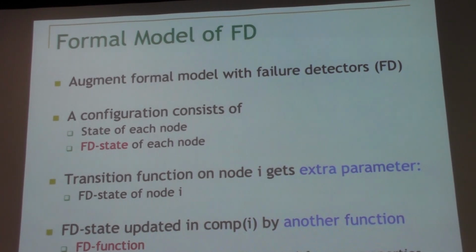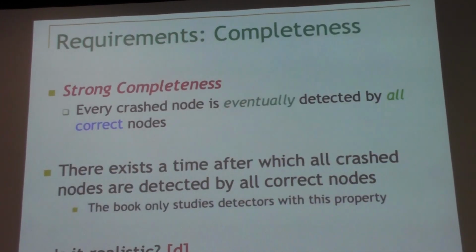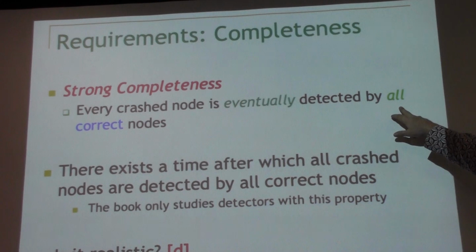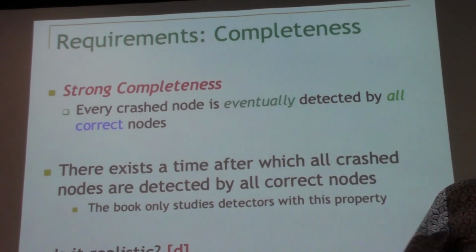Now, I mentioned completeness and accuracy. There's actually different levels. You can be very demanding, or you can be not so demanding. Strong completeness is basically the strongest: every crashed node is guaranteed to be eventually detected by all correct nodes.